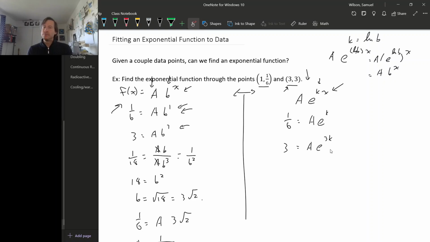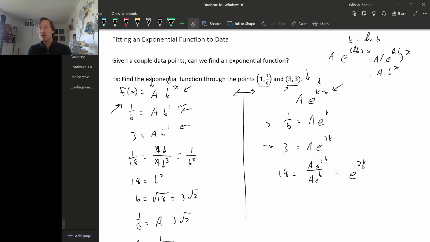Now how we make progress on solving for k is similar. We divide these two. This time I'm going to do the second one divided by the first one. So 3 divided by 1/6 is 18. And then a e to the 3k divided by a e to the k simplifies to e to the 2k.